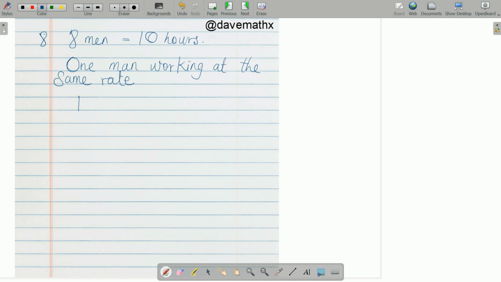We're going to multiply 8 by 10 to find the solution. And that is 1 man equals 8 men times 10 hours of work, which is 80 man-hours.